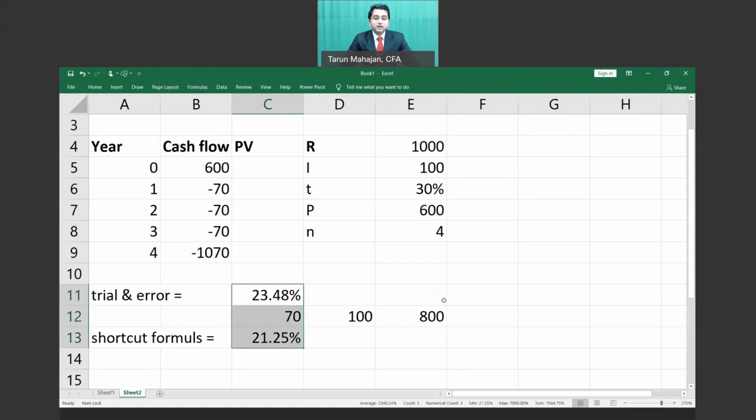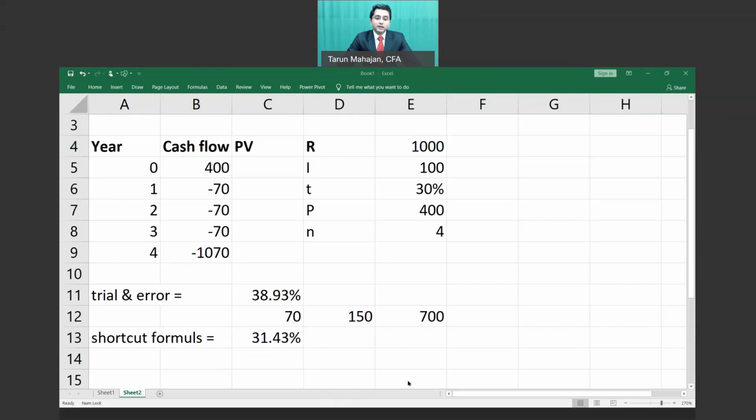So if the difference between R and P rises, say this is 400, now in this case, the trial and error method is giving you 38% as the answer, and shortcut formula is giving you 31% as the answer. So there is a huge difference. When the difference between R and P rises, then the accuracy of shortcut formula actually reduces drastically.